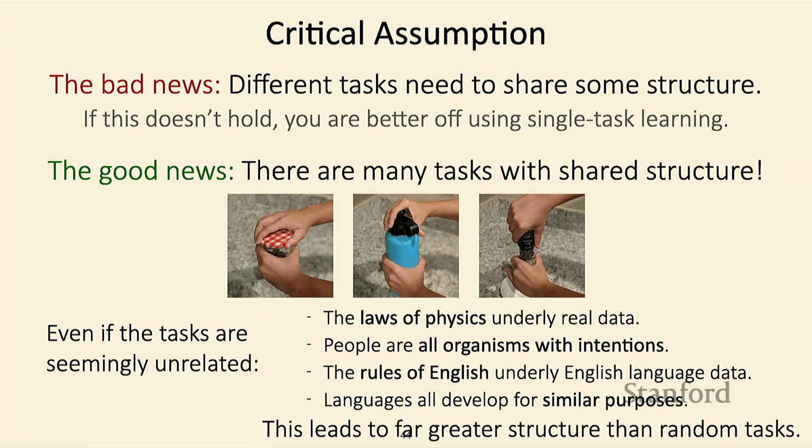Lots of questions in the back. Yeah, so the question is, how do you quantify the amount of sharedness? It's difficult to quantify given a pair of data sets, but one way that's nice to think about, which we'll talk about in the Bayesian meta-learning lecture, is from the notion of Bayesian graphical models.